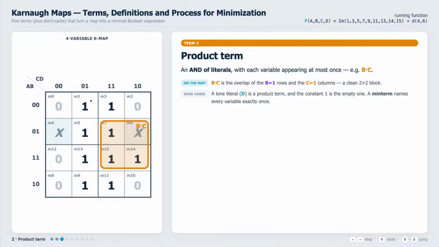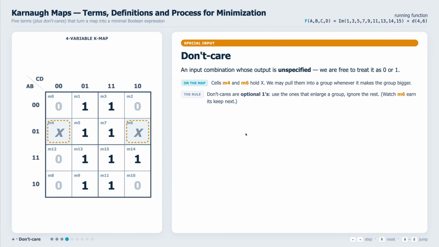In this particular Karnaugh map, we'll see that this big group of 8 turns out to be the region for variable D. All right, so if you look at the code here, this is CD. So where D is equal to 1, that's this whole region. That's still a product term. It's just an edge case of a product term. Okay, so let's move on.